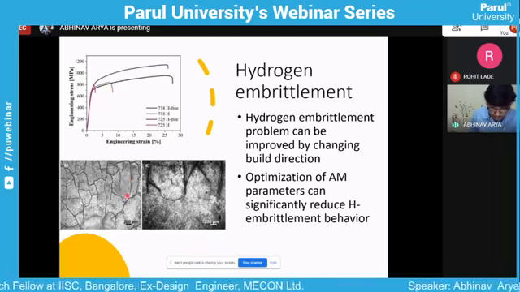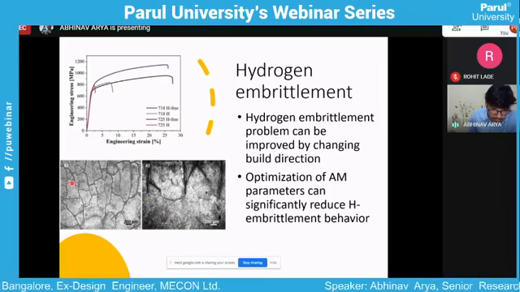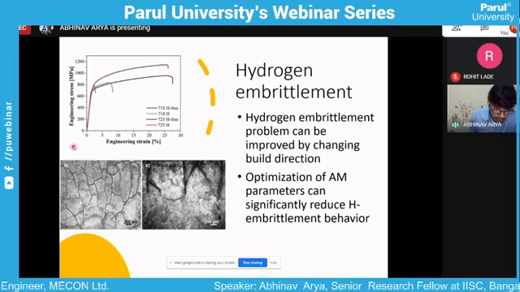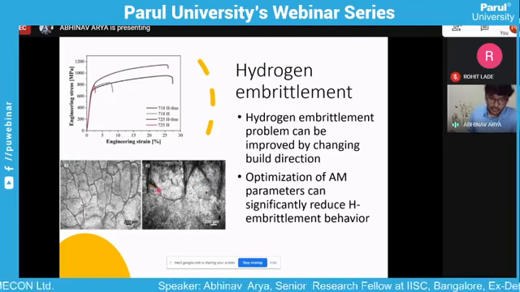And this I'm showing from a study. What they have done is changed the build direction. In this one, the build direction was vertical, and if they are charging hydrogen from this side, and in this one the build direction of the additive manufacturing alloy was horizontal.